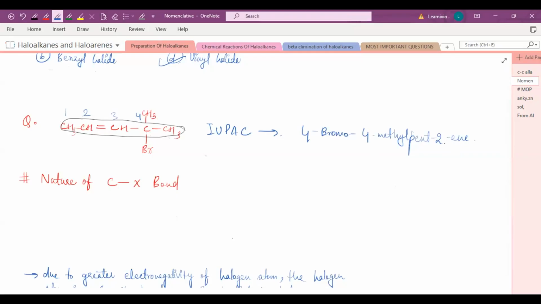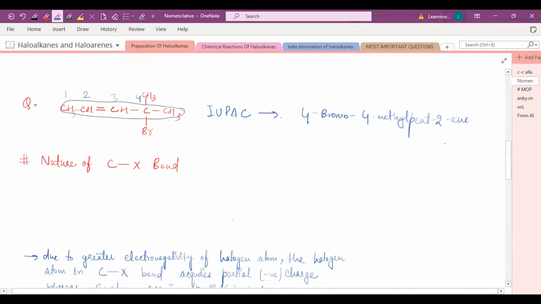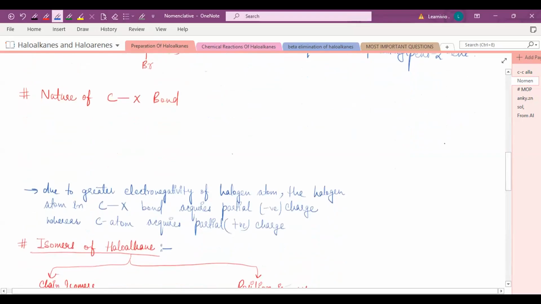Yes, ma'am. Perfect. Now the nature of the C-X bond, because we are talking about haloalkanes and haloarenes. In halo compounds, the bond is between the carbon of the alkyl group or the carbon of the aryl group and the halogen. So what is the nature of this C-X bond?